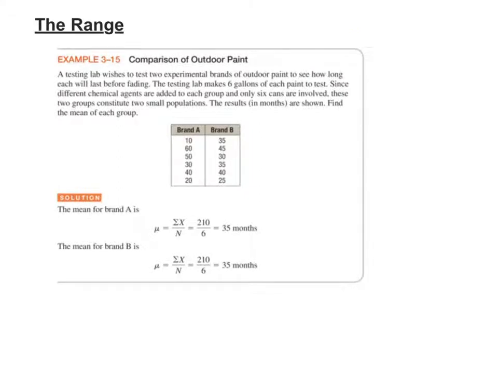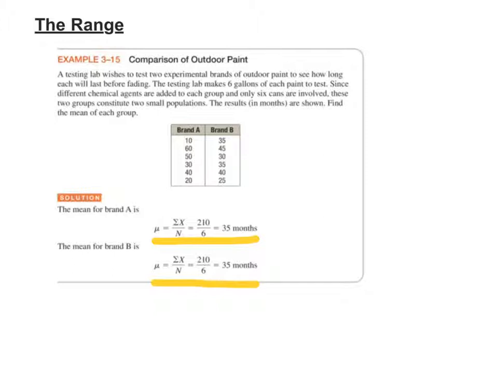Okay, so today we're going to look at two small samples for comparison from outdoor paint, brand A and brand B. And you'll notice they both have the same average cost. So the averages are here, and right here, notice that they both turn out to be the same, both brand A and brand B. So what else can I find out about this?